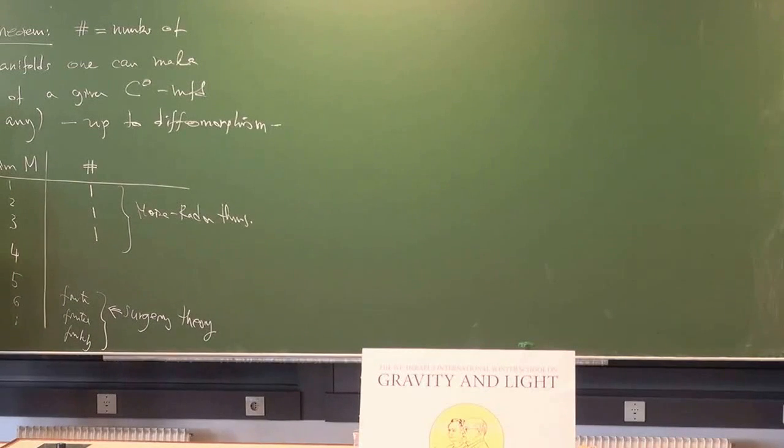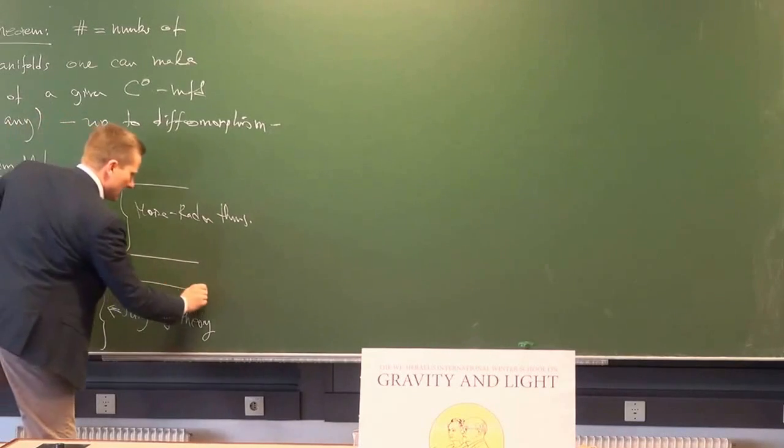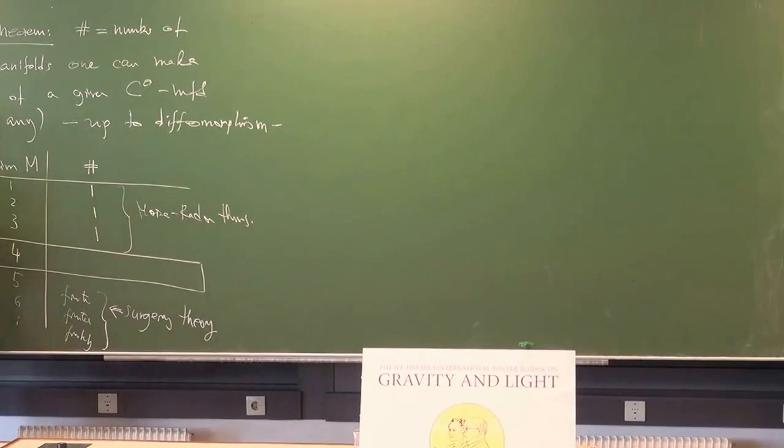It's a deep result. And now 4 dimensions, which is of course, as space-time physicists, we're particularly interested in. There are some partial results that some compact manifolds, compact is a topological notion, okay? The surface of a sphere is compact, but R2 as a manifold is not compact as a topological manifold.